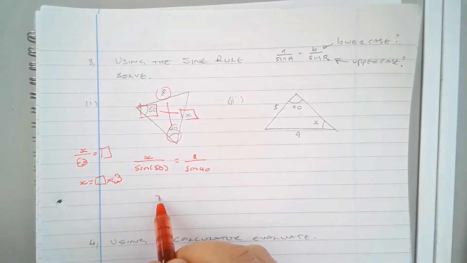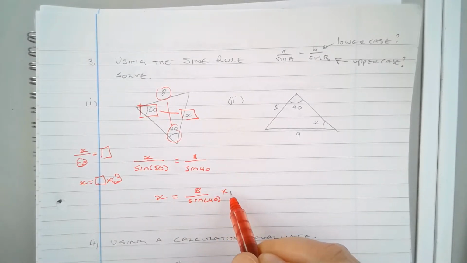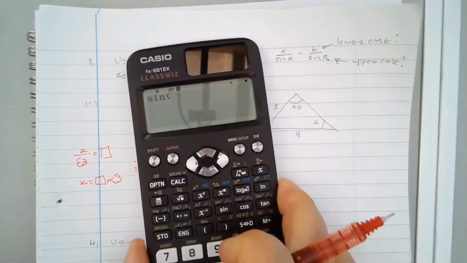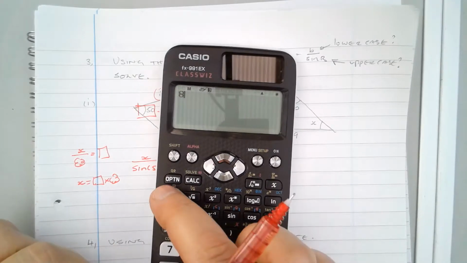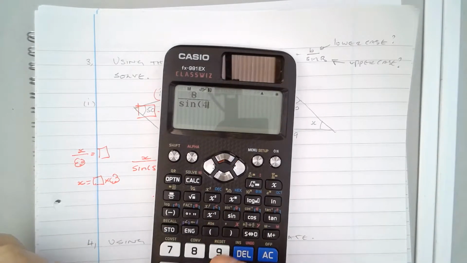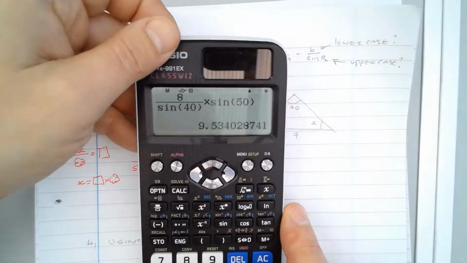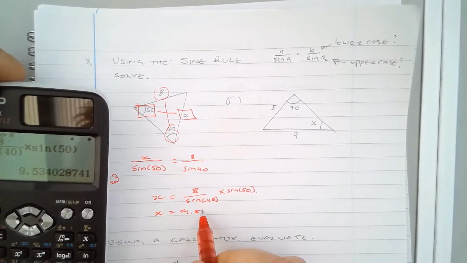In this example, I'm just going to multiply both sides by sine 50, and put that into my calculator. So I had 8 over sine 40, times sine 50, giving me 9.53. x is equal to 9.53 to 3SF.